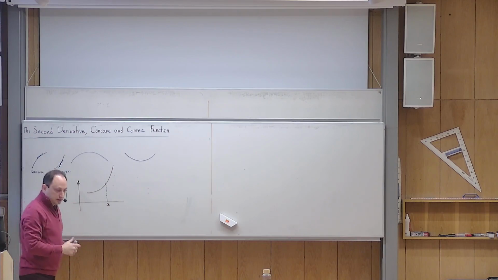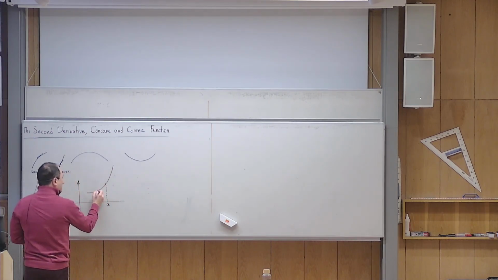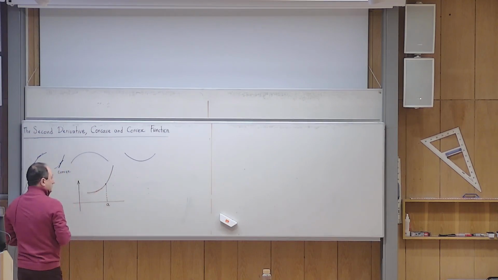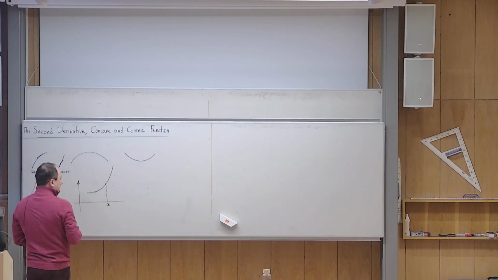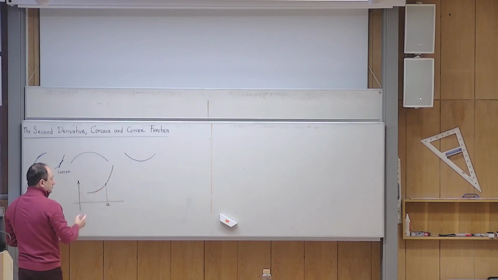For example, let us see what happens if I take a point very close to this one and draw a tangent line here. This has some k value. But if I go closer, what is happening to this k value?